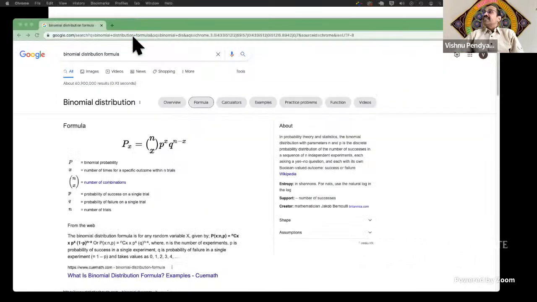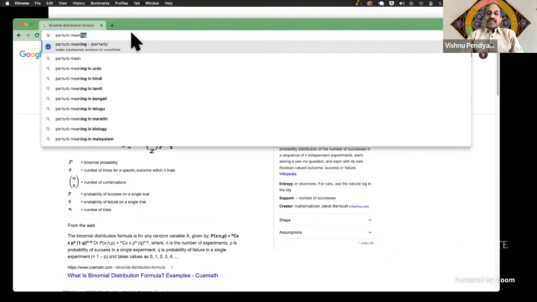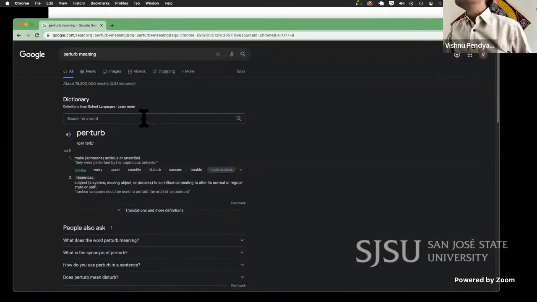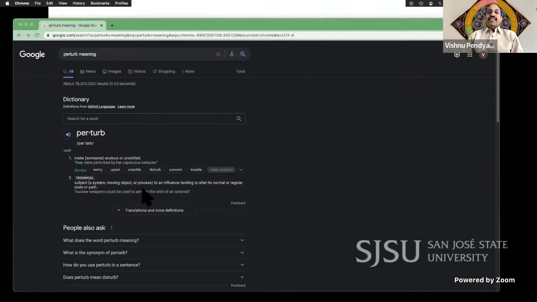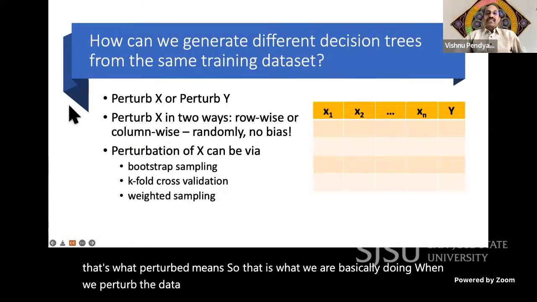If you want, you can search perturb. Perturb is basically to make anxious or unsettled, to subject to an influence tending to alter the normal or regular state. So that is what we are doing when we perturb the data set to create new data sets.